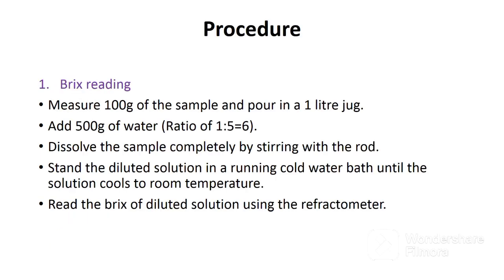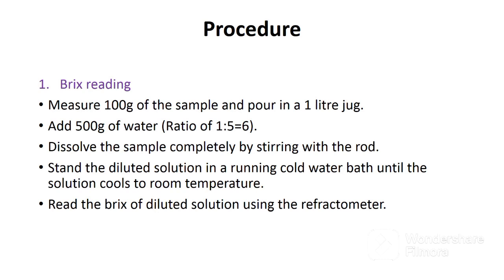See the procedure of determining BRIX in our samples. Number one, measure 100 grams of the sample and pour in 1 liter jug. Add 500 grams of water. Dissolve the sample completely by stirring with the rod. Stand the diluted solution in a running cold water bath until the solution cools to room temperature.